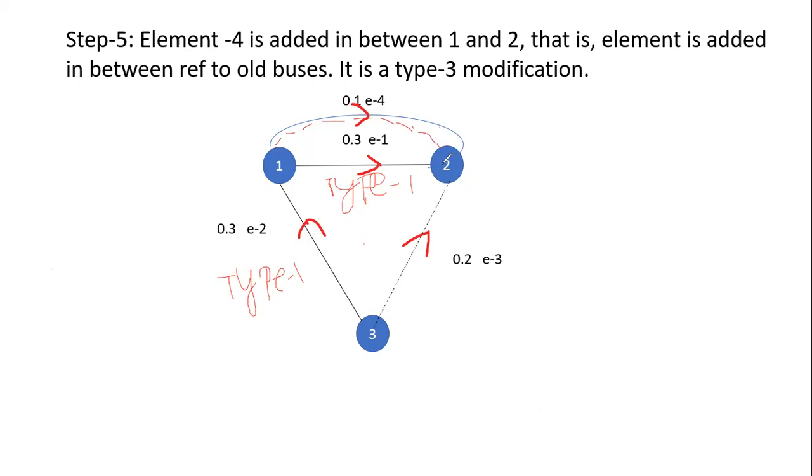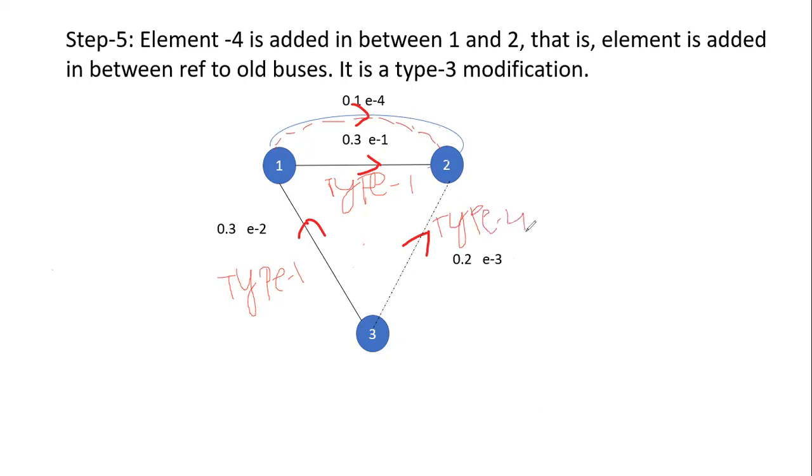If the buses are already existing, they are considered old buses. Then the element 3 is added in between 2 old buses, so it is considered the type 4 modification.